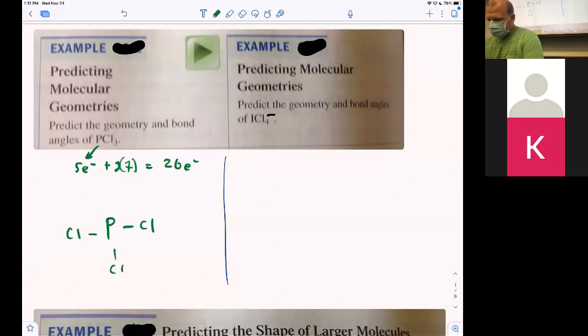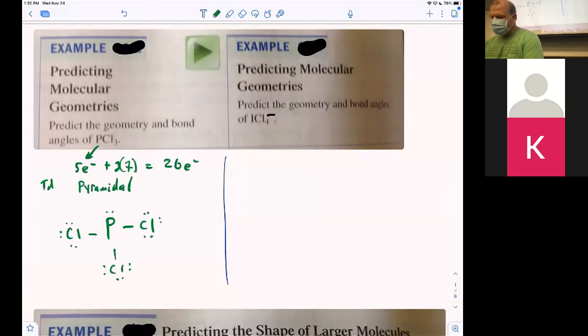So 6 electrons, 6, 8, 10, 12, 14, 16, 18, 20, 22, 24, 26. The electronic geometry is tetrahedral because there's 4 things, 3 bonding and 1 non-bonding.